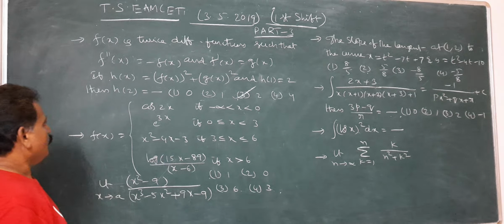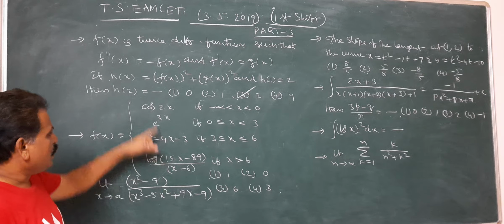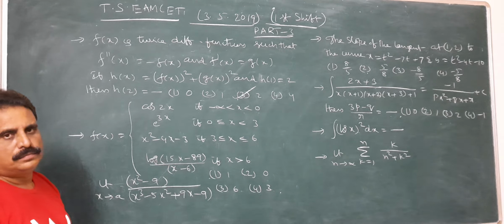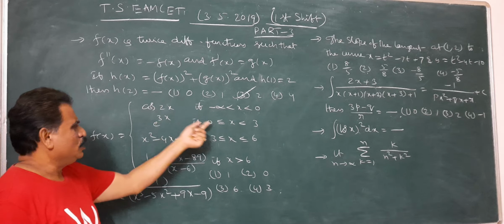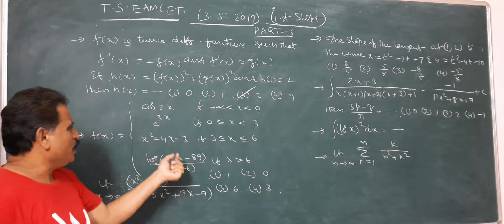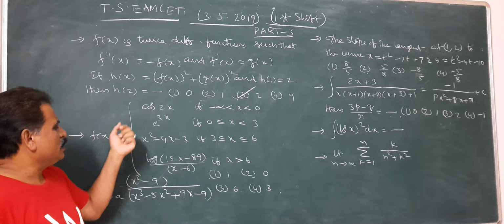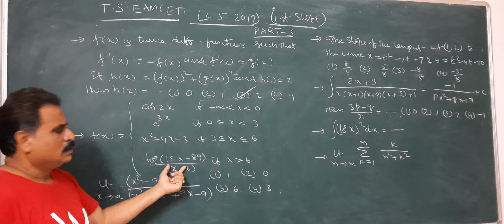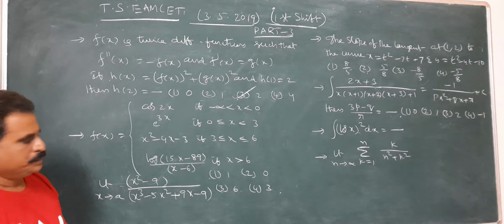Okay. Next question. f of x is a piecewise function defined in 4 types: minus infinity to 0, cos x; 0 to 3, e power 3x; 3 to 6, x square minus 4x minus 3; x greater than 6, log of 15x minus 89 by x minus 6.